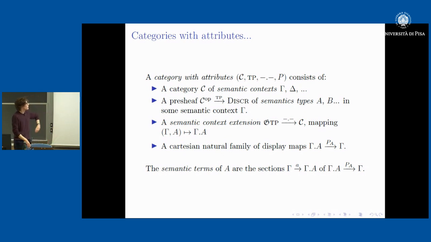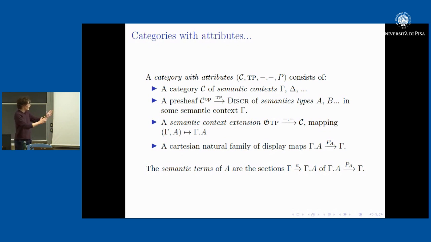The idea is, what is a category with attributes? You are given a category C, whose objects we call semantic contexts, right? Gamma, delta, and so on. Then you want to give semantic types in this context. So you are given a presheaf TP, which sends any context gamma into the family of its semantic types, which I denote with capital Latin letters, A, B, and so on.